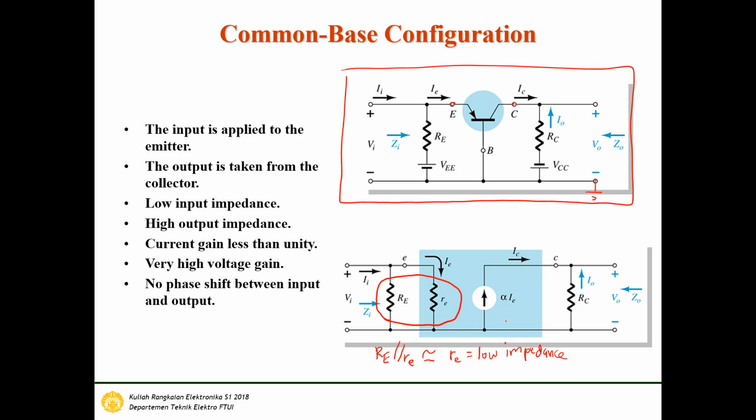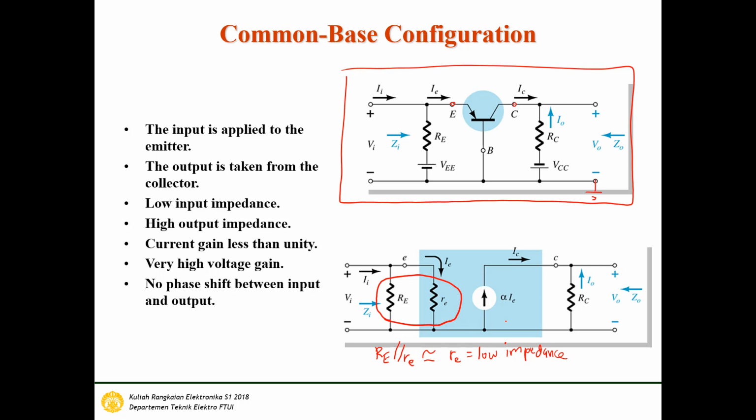And then we see here that the collector resistor is connected in parallel also with the collector terminal and the ground. So the output impedance is determined by the collector resistor, and the characteristic of common base is high output impedance.